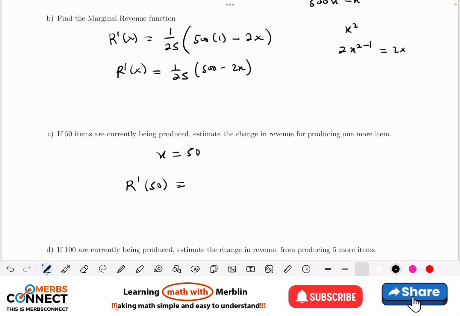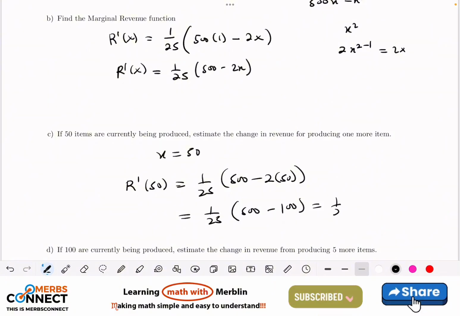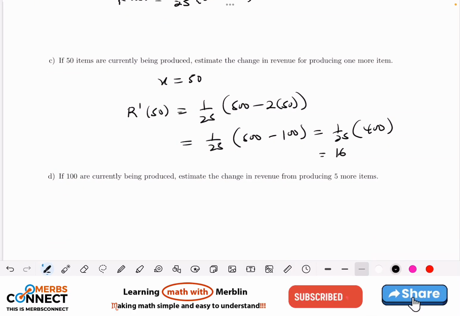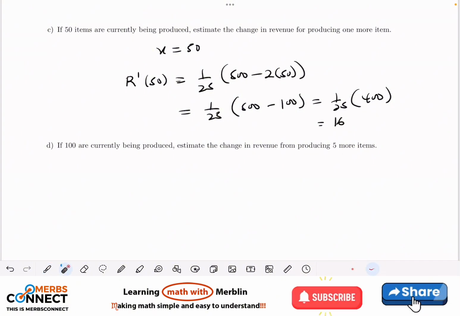So I'm going to have 1 over 25 times 500 minus 2 times 50. 500 minus 2 times 50 is going to give us 400, and then 1 over 25 times 400. So what are we going to get? This is going to give us 16. Good. All right. Now let's look at D.